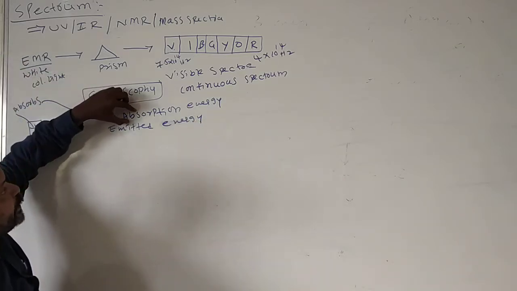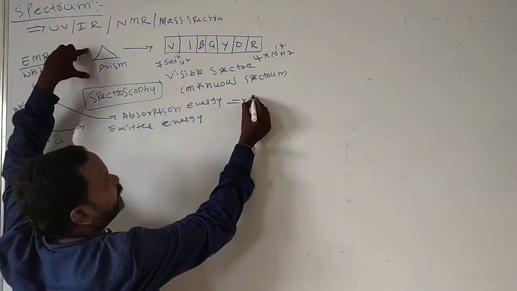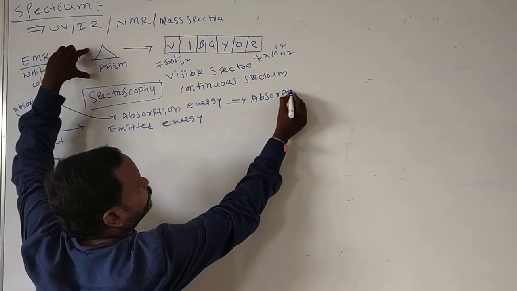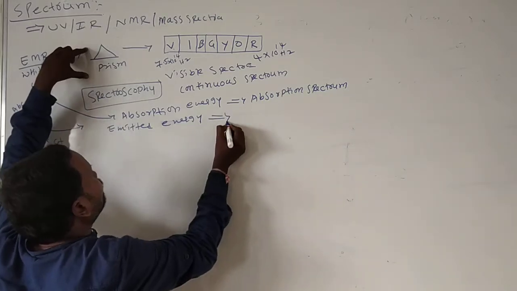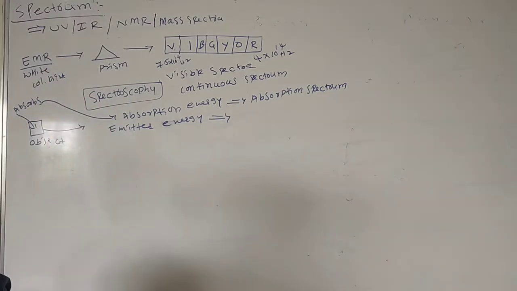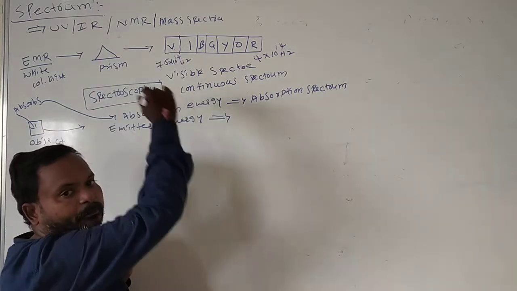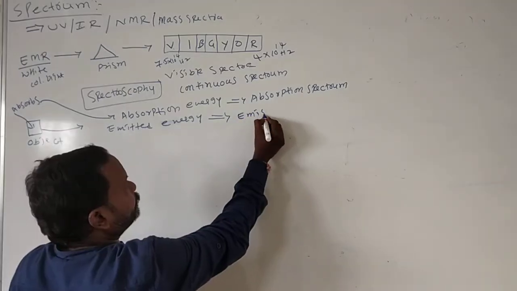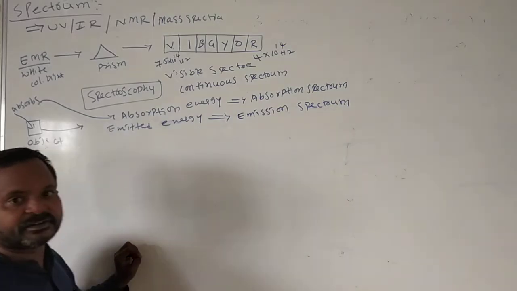If you pass absorbed energy through a prism, we get here the absorption spectrum. If you pass emitted energy, for example, it absorbs blue color light, then it emits white color. It absorbs green color, it emits blue color. Different wavelength light it emits. That emitted energy, we pass it through a prism, we get here the emission spectrum.